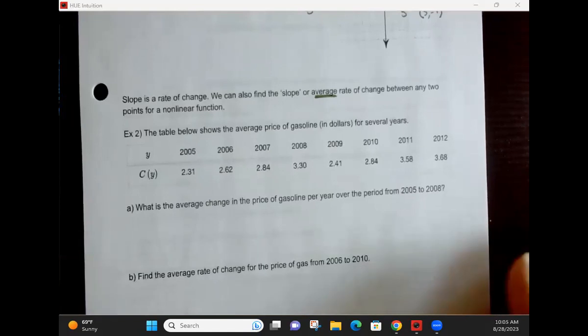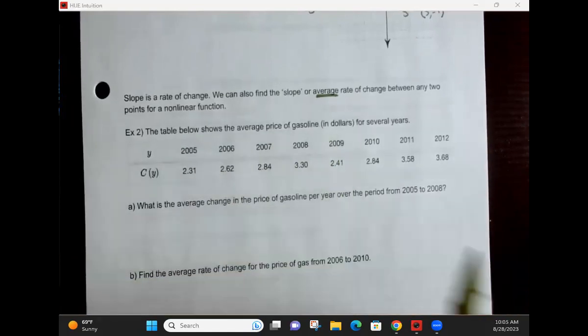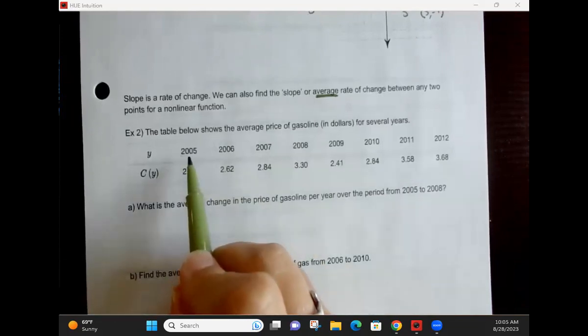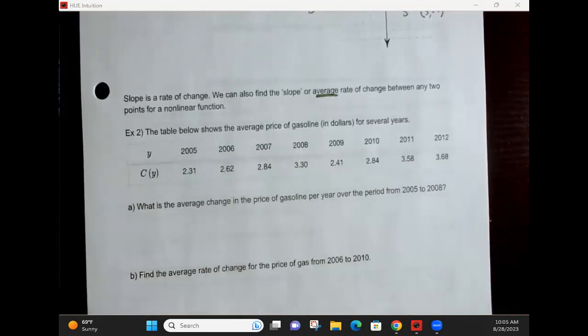The table that we have here shows the average price of gas in dollars over a period of several years. From 2005 to 2012, what was the average price of a gallon of gas? That's the information that I had here: years, and then the average cost over that year.